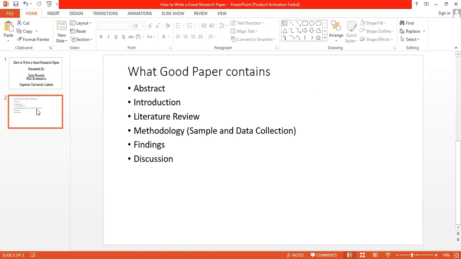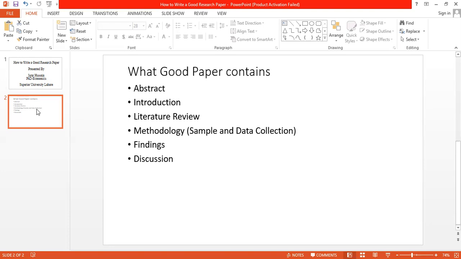Abstract is a small briefing, or short summary, regarding your research paper, in which you illustrate how you conducted your research, what your findings were, what type of analysis you conducted, what type of data you collected, which technique you used, and why you conducted this research. Was it really a phenomenon which you were going to discuss in your research paper?